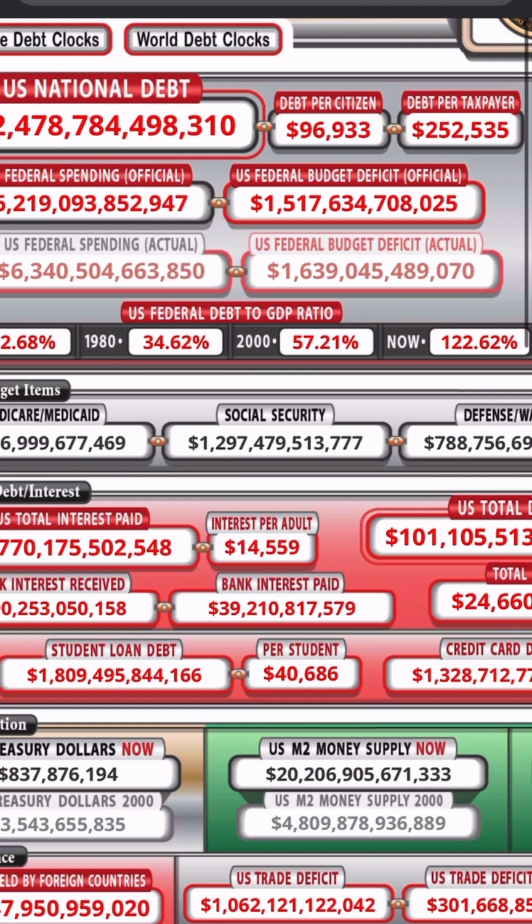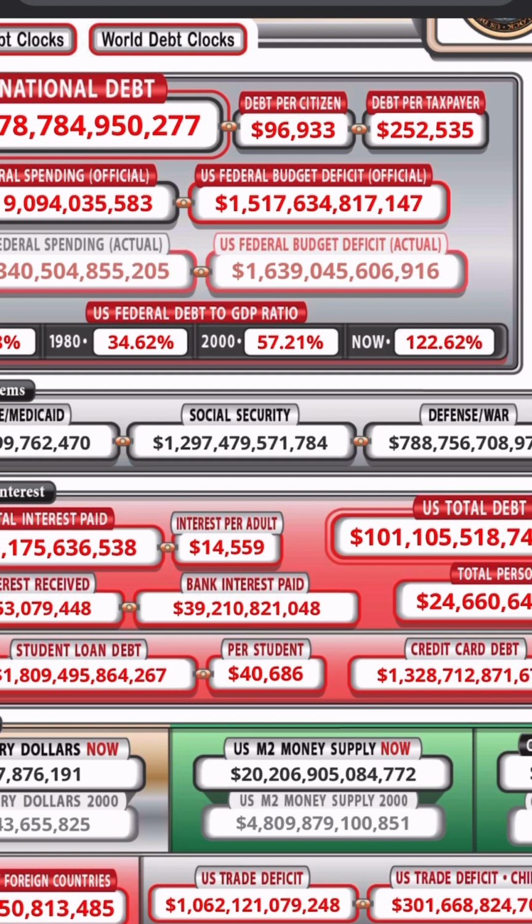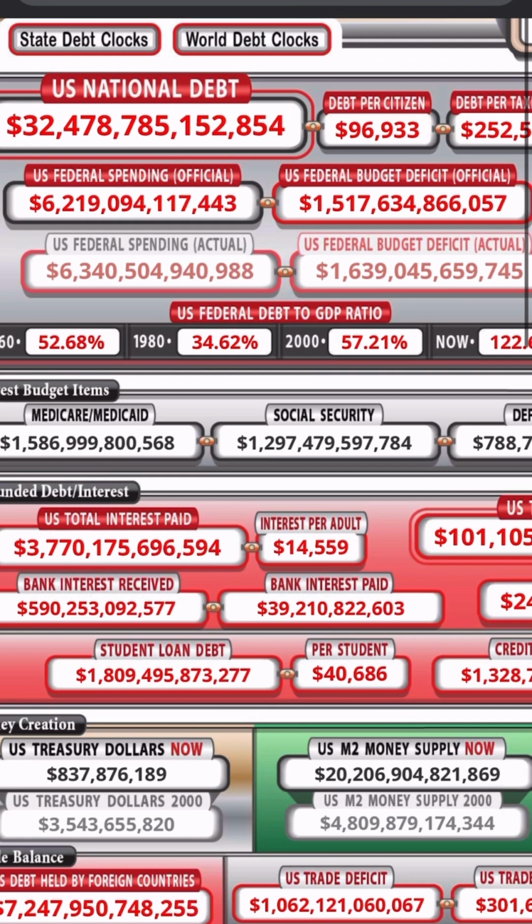Then in 2000, we came back up to 57% debt to GDP ratio. And now we're basically at 122% of our gross domestic product. How this is taken is by dividing the national debt by the gross domestic product, and that gives you your percentage ratio.